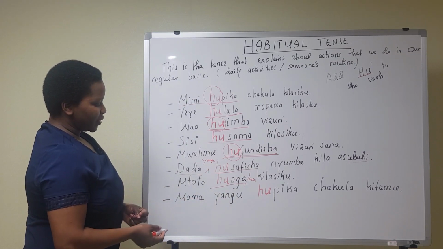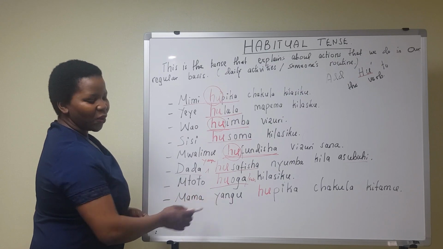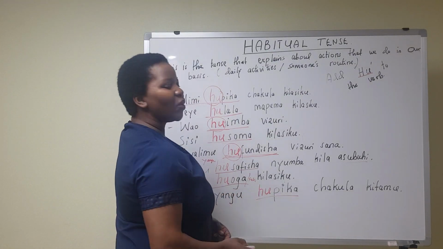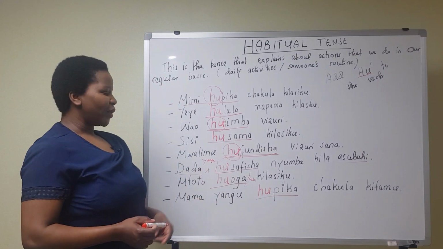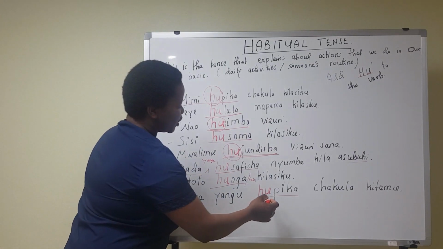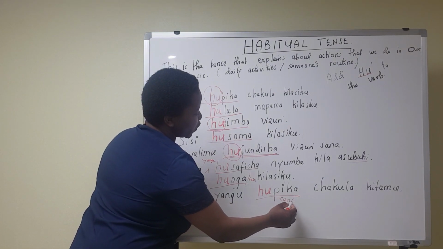Another example says, mama yangu hupika chakula kitamu. Pika, cook.